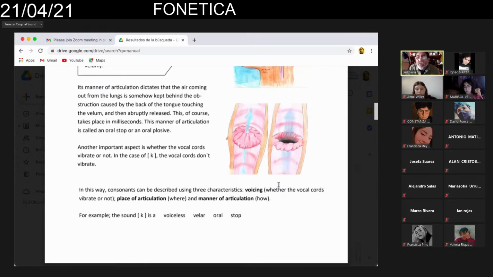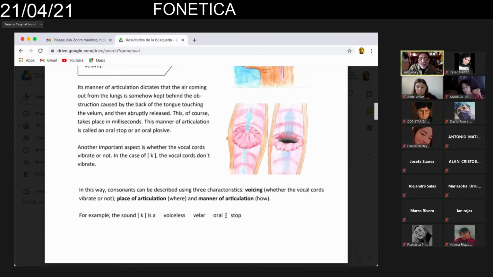So this is the way we are going to describe a sound. For example, the sound k is a voiceless, velar, oral stop.